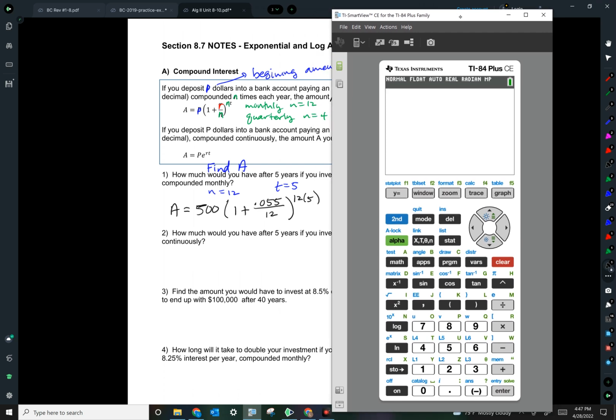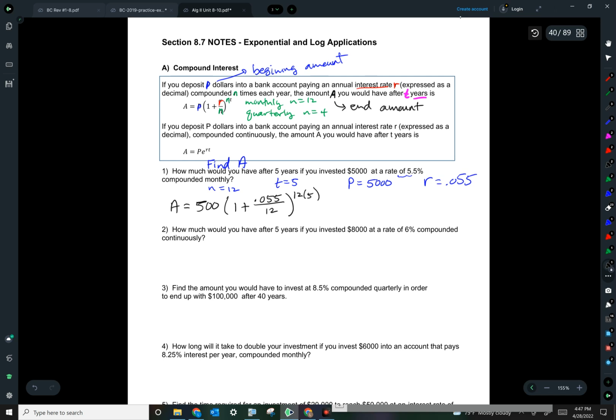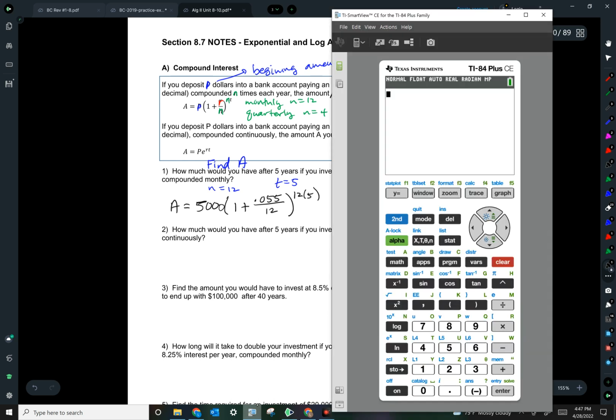Looks like I wrote 500 over here when it was supposed to be 5,000. Sorry about that. Okay, so I'm going to put 5,000, parenthesis, 1 plus, so remember fractions, you do alpha, y equal, choose number 1. So I want 0.055 over 12.